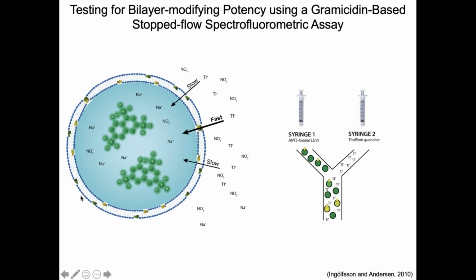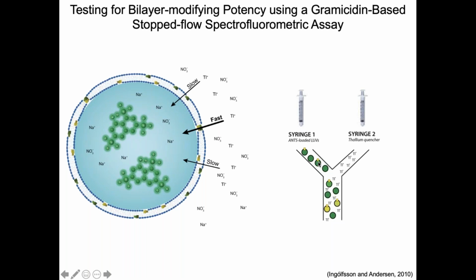We have gramicidin monomers and dimers in the wall of the vesicle, and the gramicidin channel happens to be very permeable to thallium ions, and thallium ions are heavy ion quenchers of the ANTS fluorescence, and therefore we can monitor the number of conducting gramicidin channels in a LUV by the rate at which we quench the fluorescence here. And it turns out this process is fast, so we need the stop-flow capabilities in order to do the experiment.